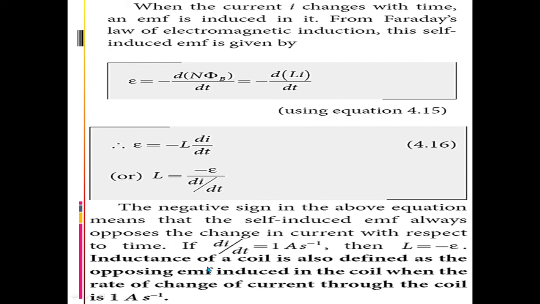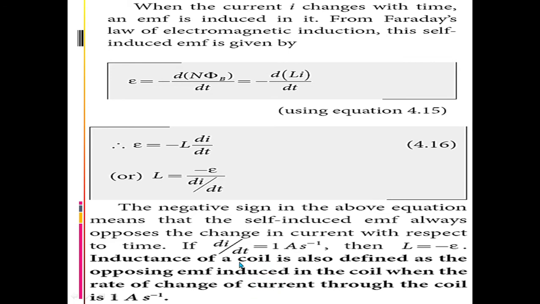Another definition: self-inductance of the coil is also defined as the opposing EMF induced in the coil when the rate of change of current through the coil is 1 ampere per second. When the current changes in the coil, the magnetic flux linked with the coil also increases, which produces the EMF.